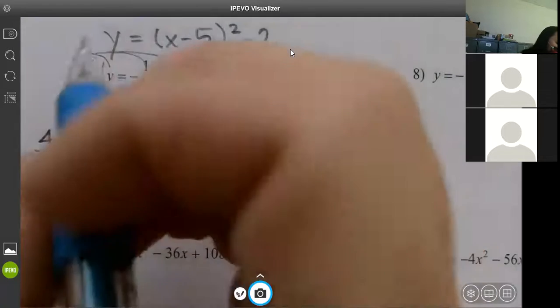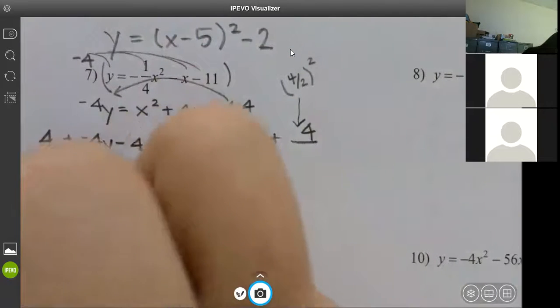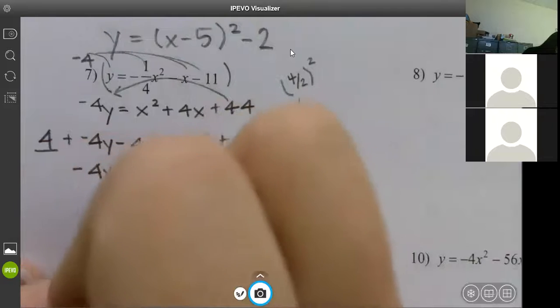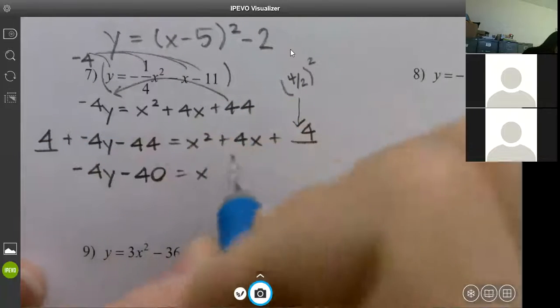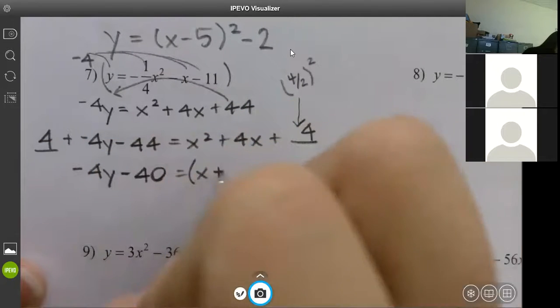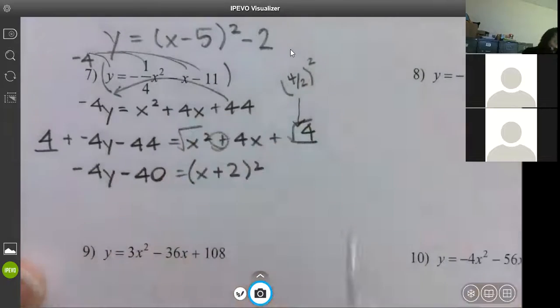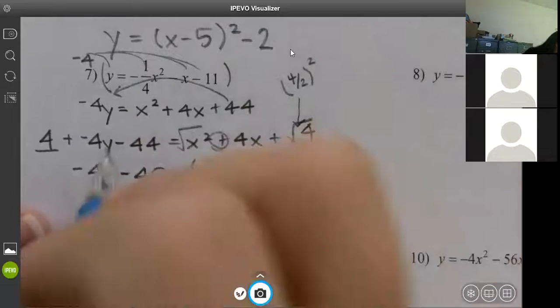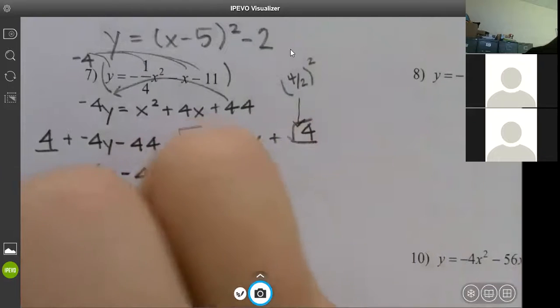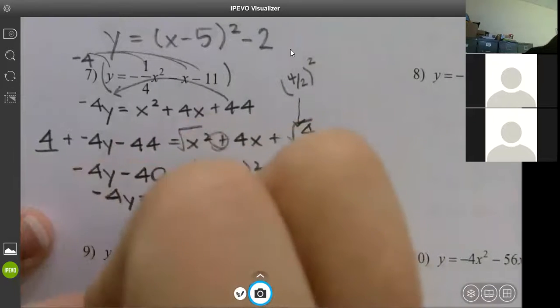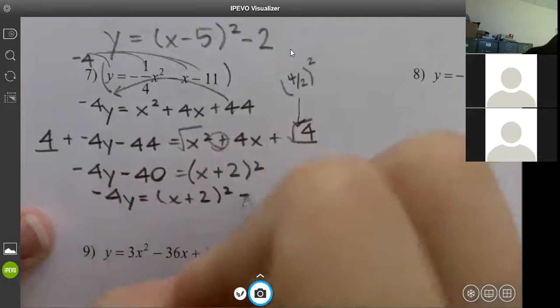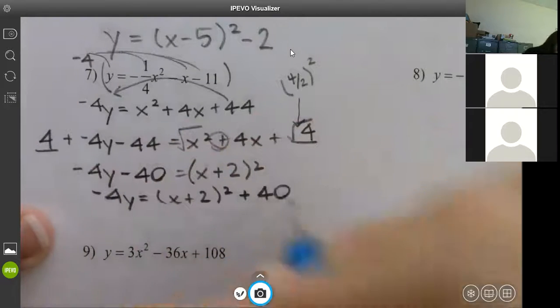We're going to clean it up. I get negative 4y minus 40 equals x plus 2 squared. Is everybody okay? Move your 40. So I get negative 4y equals x plus 2 squared plus 40.